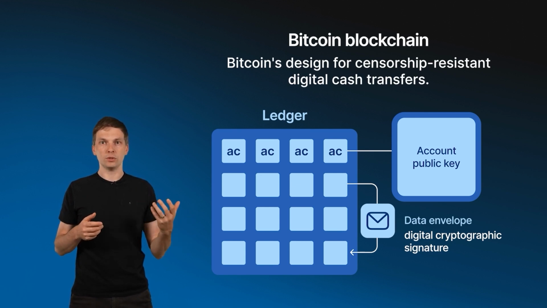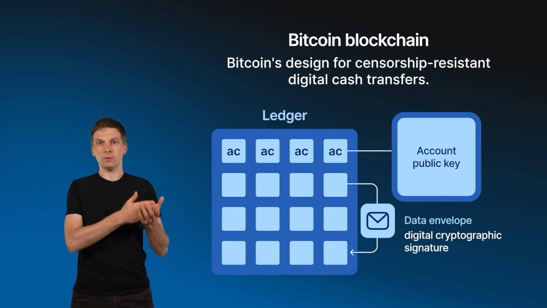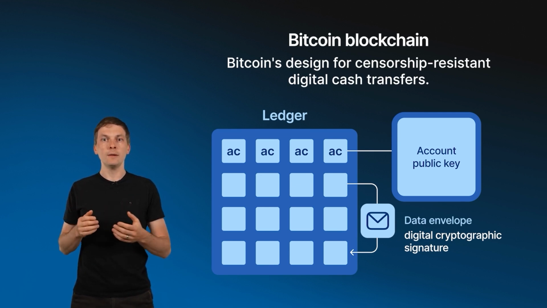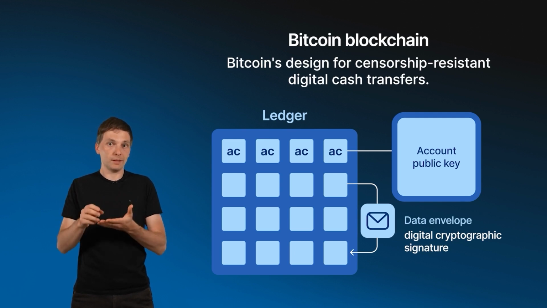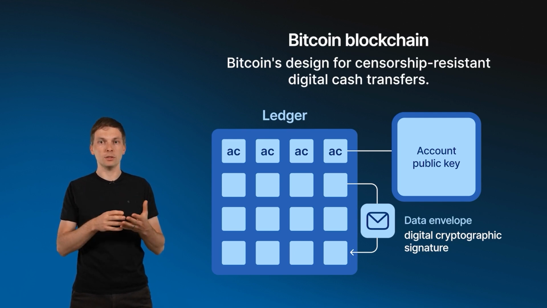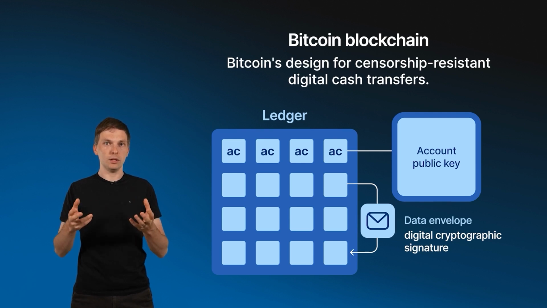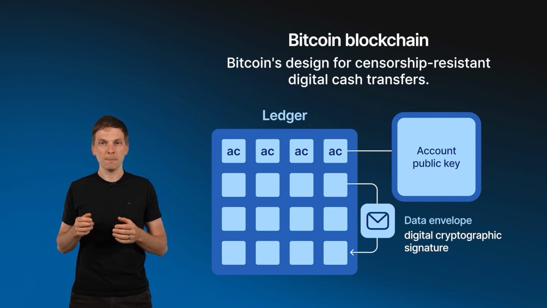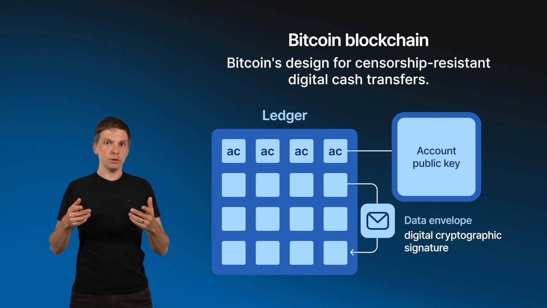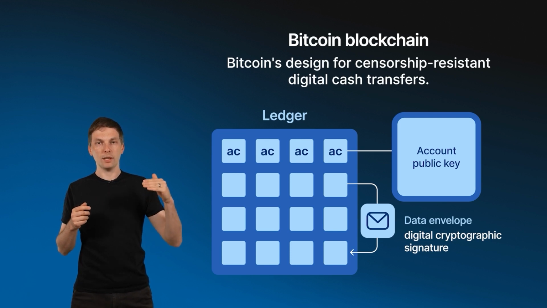Every time they want to transfer money from their account to another, they make a transaction where they cryptographically sign this transaction with their secret key and announce to the entire network that they're transferring money from their account to someone else's.